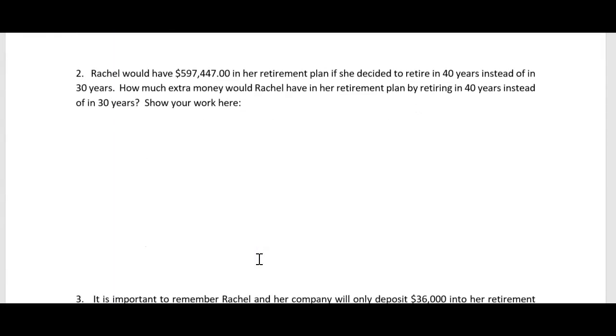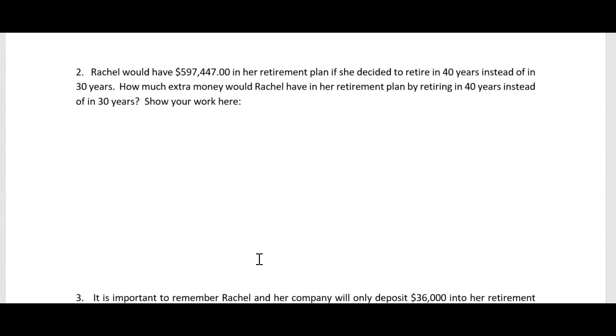Then on question number 2, try not to overthink this. Questions 2 and 3, I think a lot of people make them a lot more difficult than what they're really asking. Now it's telling you if Rachel retired in 40 years, this is the amount of money that she would make.